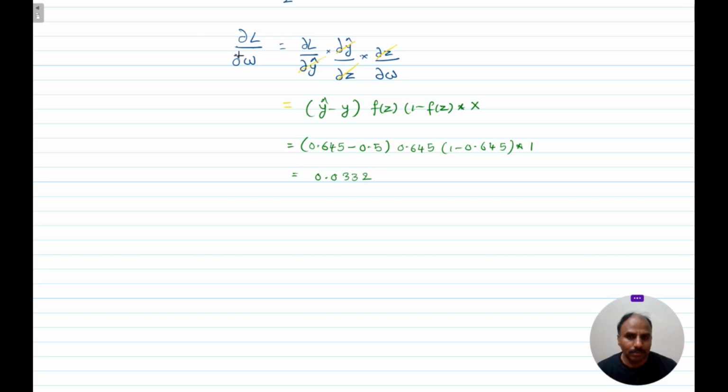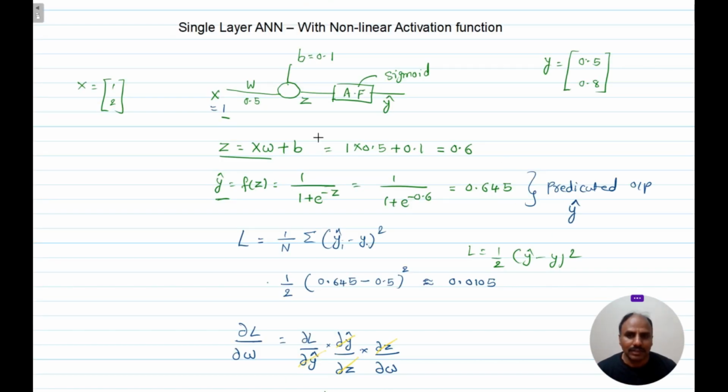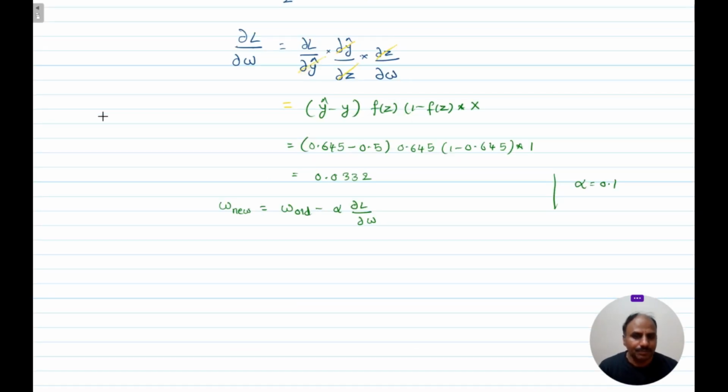But as we know, for updating the new weights, what is the formula? According to the gradient descent algorithm, W new is equal to W old minus alpha into ∂L/∂W. Till now we have not taken alpha. Alpha is the learning rate, 0.1. What is the W old? This one becomes W old, which is 0.5.